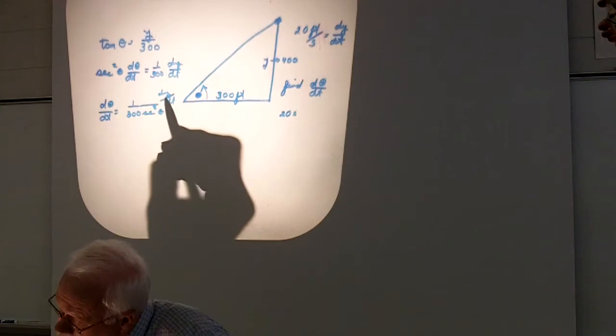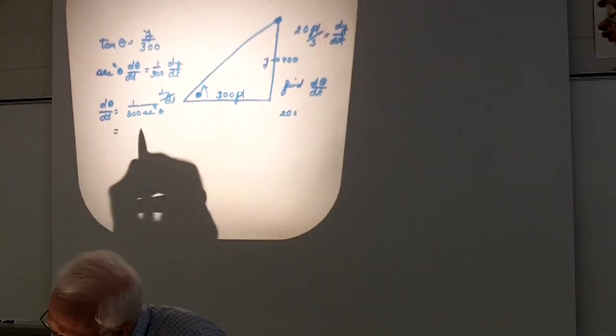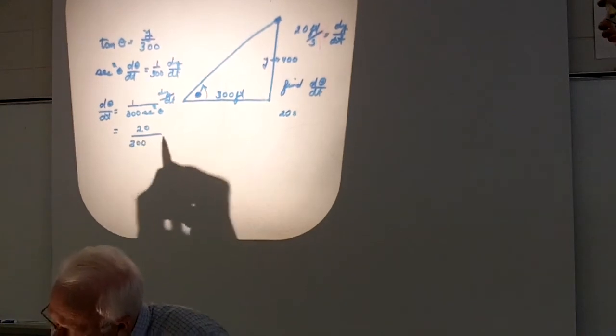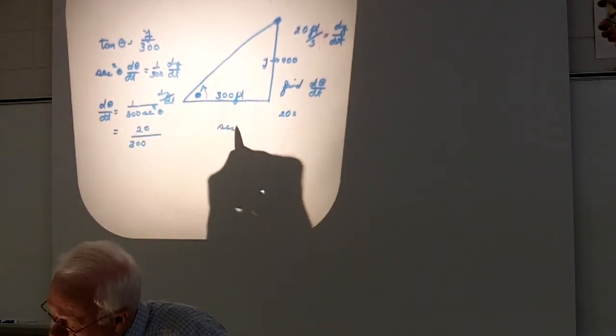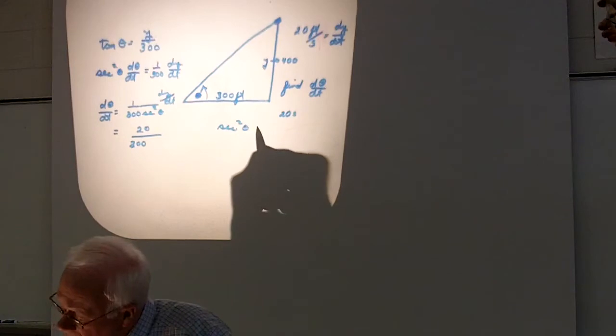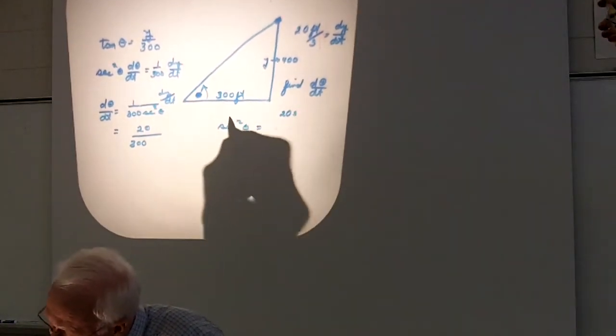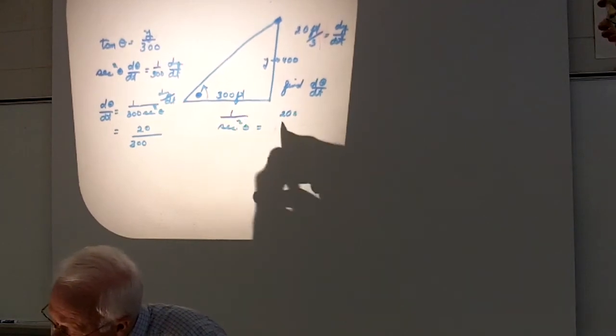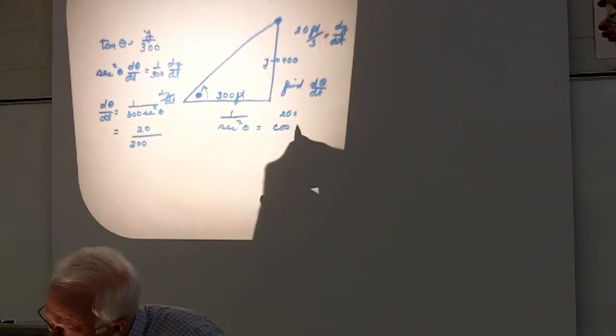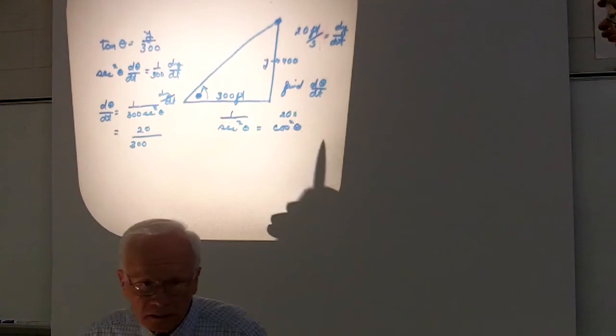Now, that number is 20, so this is going to be a 20 up here, and the bottom is going to be a 300 down here. But what in the world is a secant squared of theta? Well, that's equal to 1 over cosine squared theta.